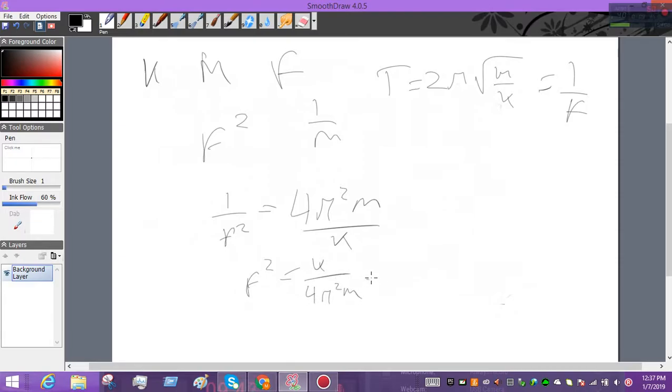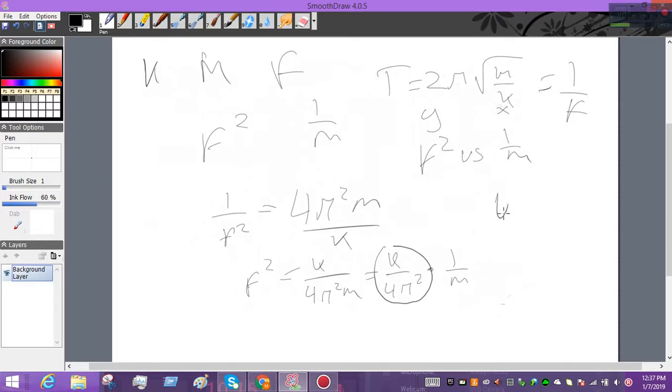We can rewrite this as k over 4 pi squared times 1 over m. It says f squared versus 1 over m, so to find the slope of this, it would be f squared divided by 1 over m, because that's the same as saying y versus x. So to find the slope, we divide by 1 over m, and what we're left with is k over 4 pi squared, and that's the answer.